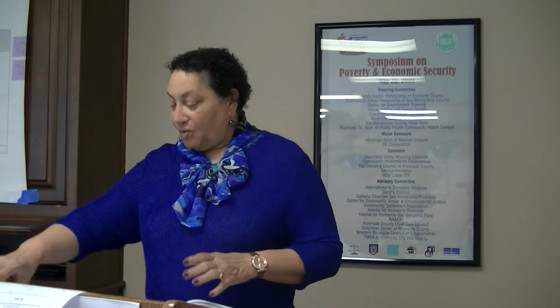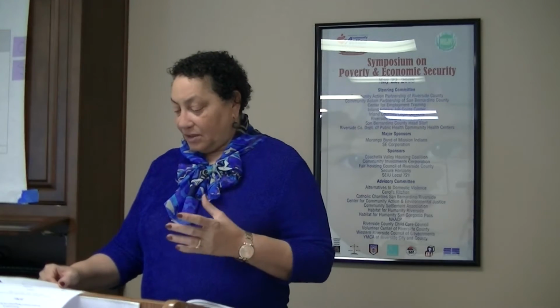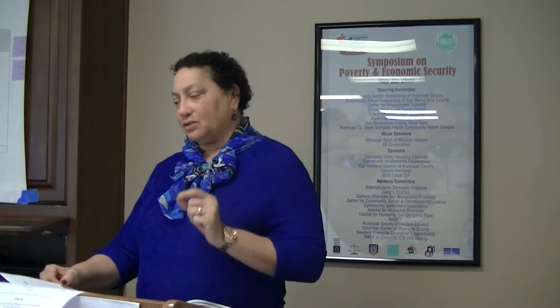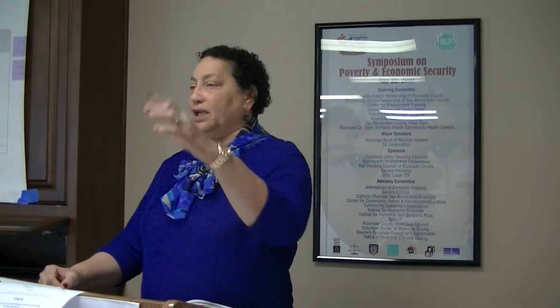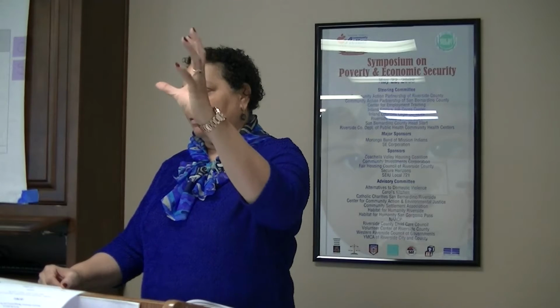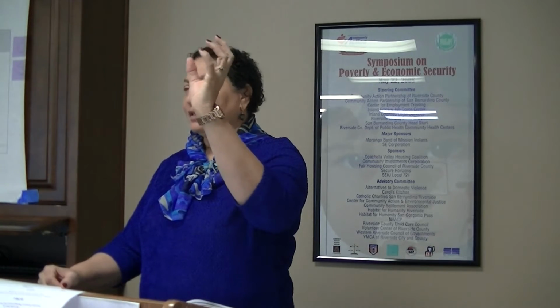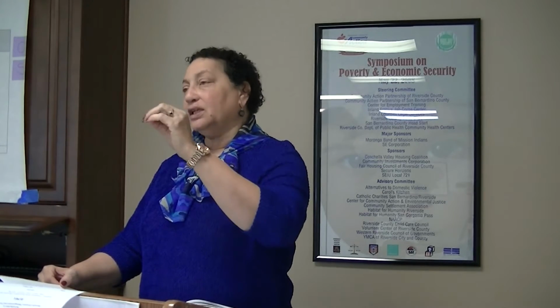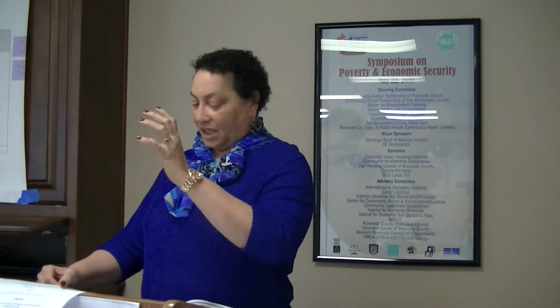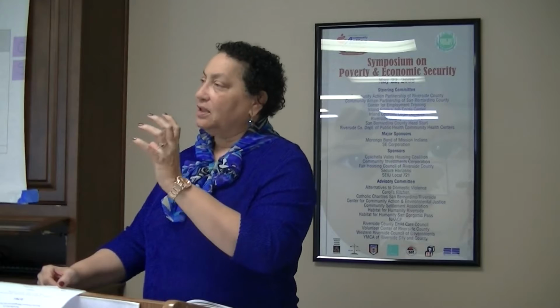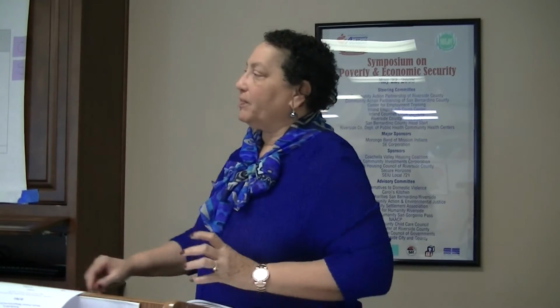The difference between the goal 1 and goal 6 outcomes is that goal 1 describes movement towards self-sufficiency. It's the individual, the family, the person that is moving towards self-sufficiency. And goal 6 describes ways that individuals and families progress towards family stability.